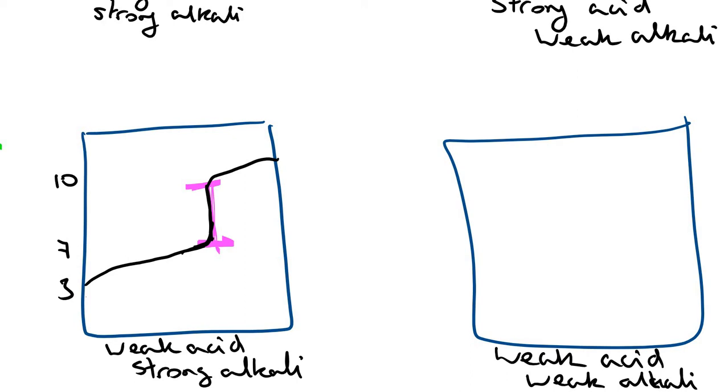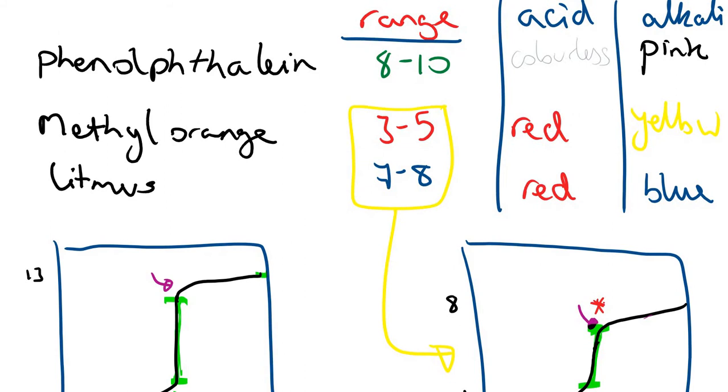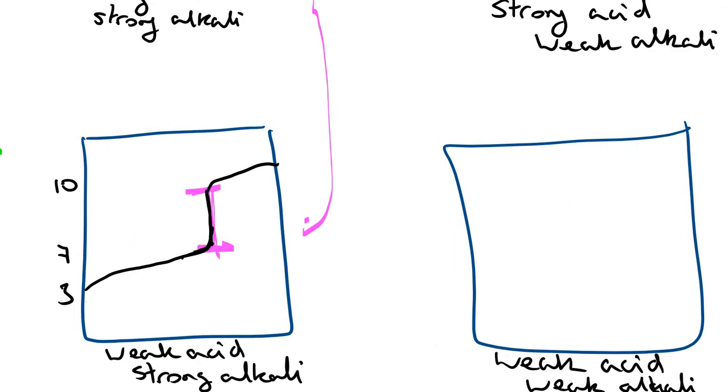So the only indicator I can use here is phenolphthalein. If I go back up to the start, phenolphthalein is the only indicator I can use for this reaction. The reason being, methyl orange and litmus both change color before this reaction is complete.